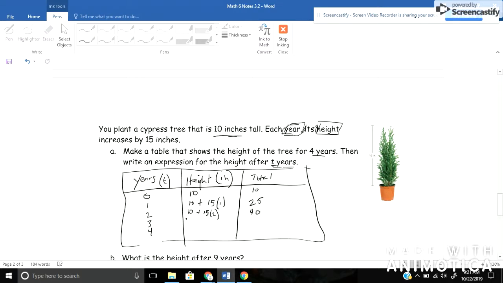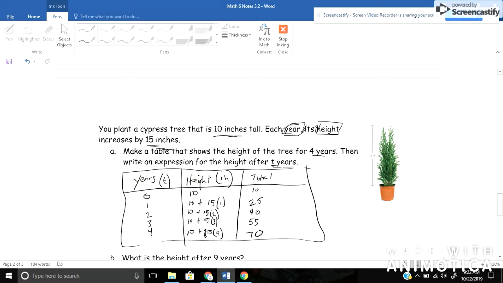It would be similar for 3 and 4: the original 10 plus 15 per year, 3 years now, and the same for the last one, 15 times the 4th year. So 15 times 3 is 45, plus 10 is 55. If you see the pattern here, it's increasing by 15 inches every year, and that makes sense because it tells us that right here.